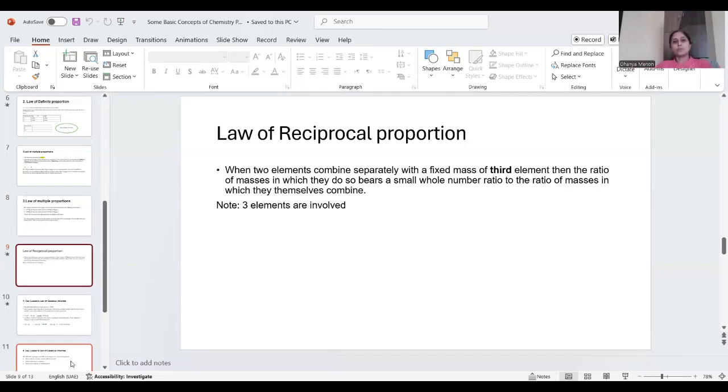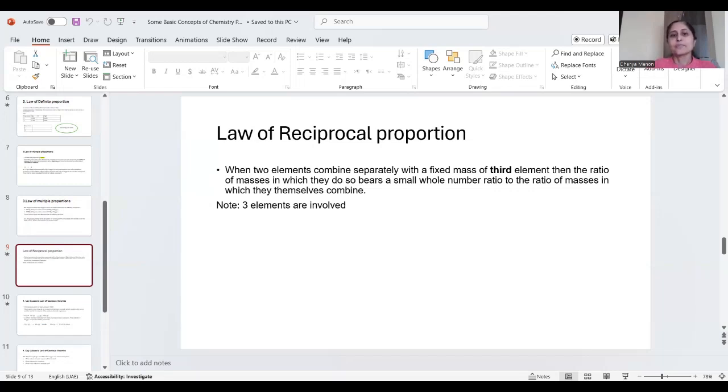And in reciprocal proportion, when I explain an example, you will understand. Okay, when two elements combine separately with the fixed mass of the third element, then the ratio of the masses in which they do so bears a small whole number ratio to the ratio of the masses in which they themselves combine. One thing that you have to bear in mind is law of reciprocal proportion involves three elements. Okay.